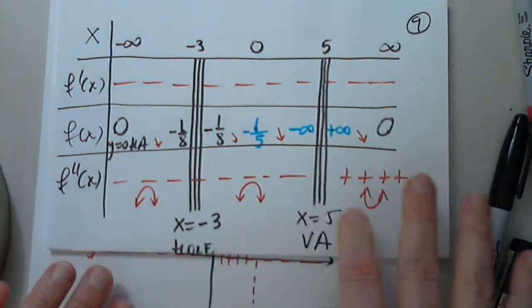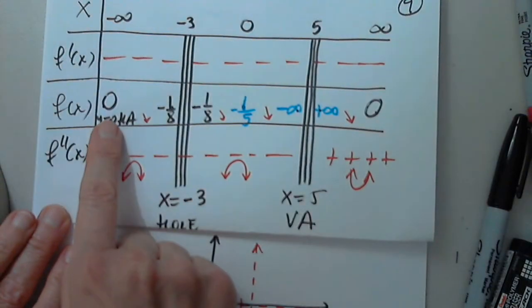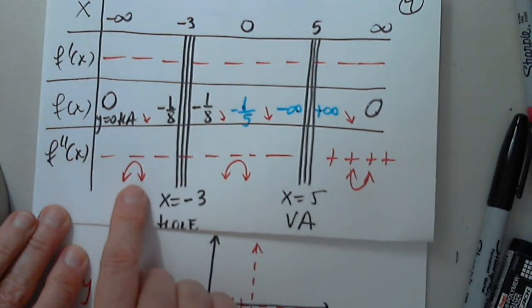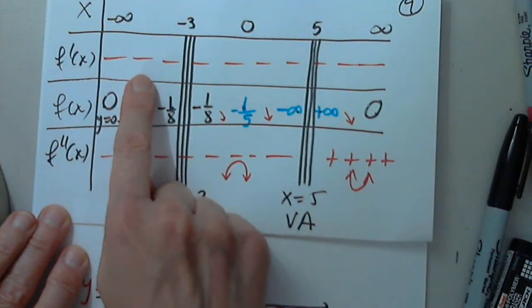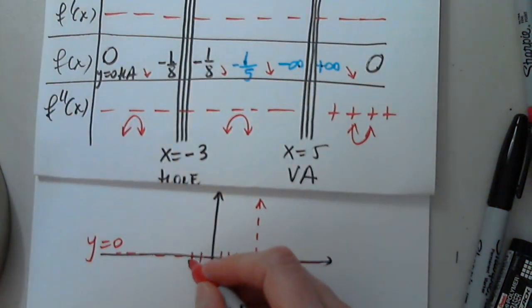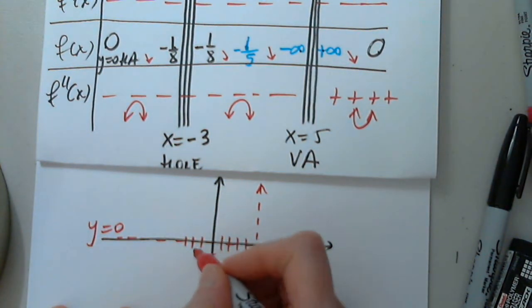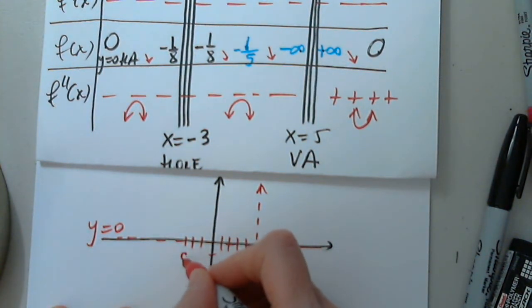My table says this. The function from the horizontal asymptote opens down, decreasing to this point. Okay, fine. So at negative 3, it's difficult for me to graph that, but I'm going to say it is this point here. It has to be an open point.